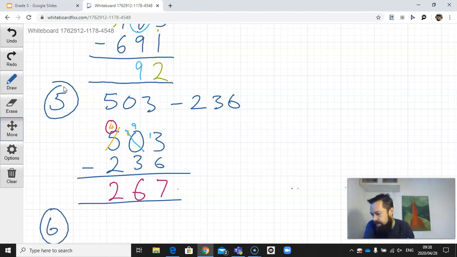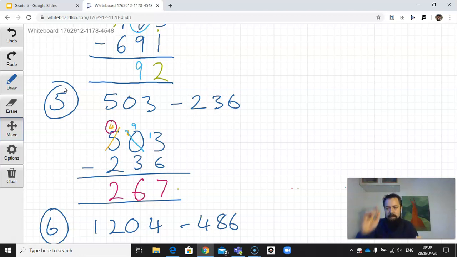Number 6. 1204 minus 486. Try this one on your own.